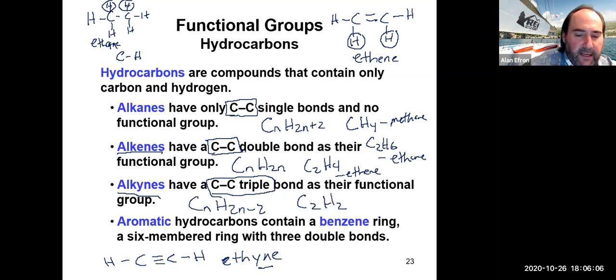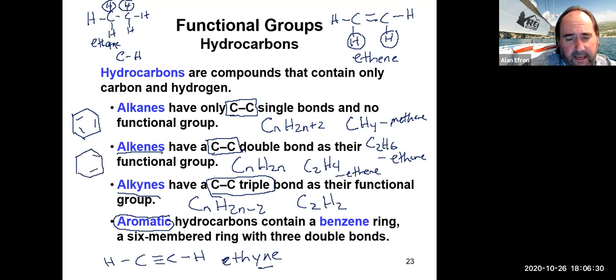An aromatic hydrocarbon is one that contains benzene, and benzene looks like this. It has a 6 carbon ring structure with 3 double bonds. Could look like that. Double bonds could be on this side.